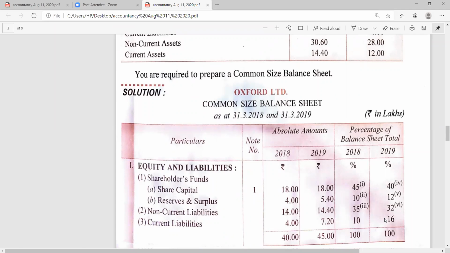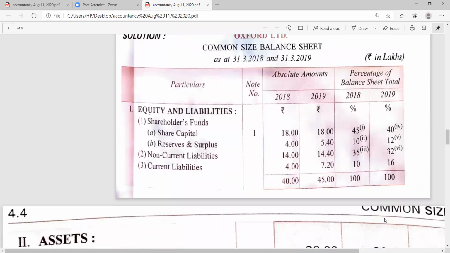Now, see the format of the common size balance sheet. Oxford Limited common size balance sheet as at 31st March 2018 and 31st March 2019. See it. The first column is the particulars. In particulars, first of all, as we did in chapter number 1, we did yesterday as well, the equity and liabilities are to be shown vertically.